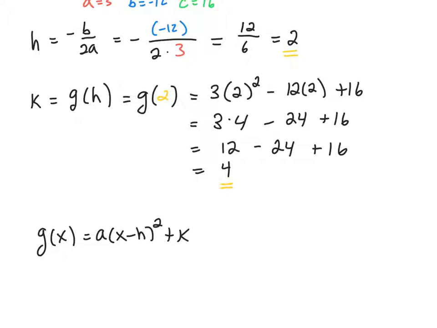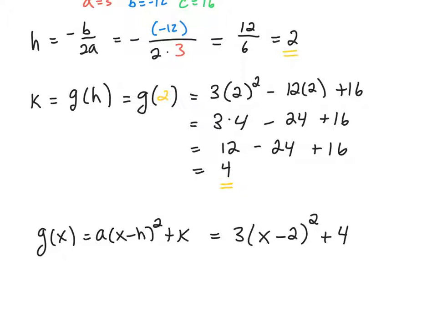So a is 3, so I'm going to plug that in. So this is equal to 3 times x minus. Now I think about h. Well, if I come up to the top, h right here, h is 2. x minus 2 squared plus 4. So 3 times x minus 2 squared plus 4.